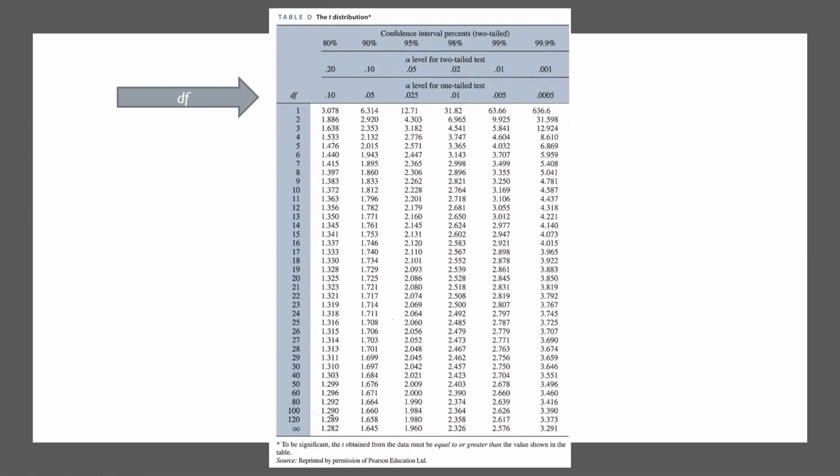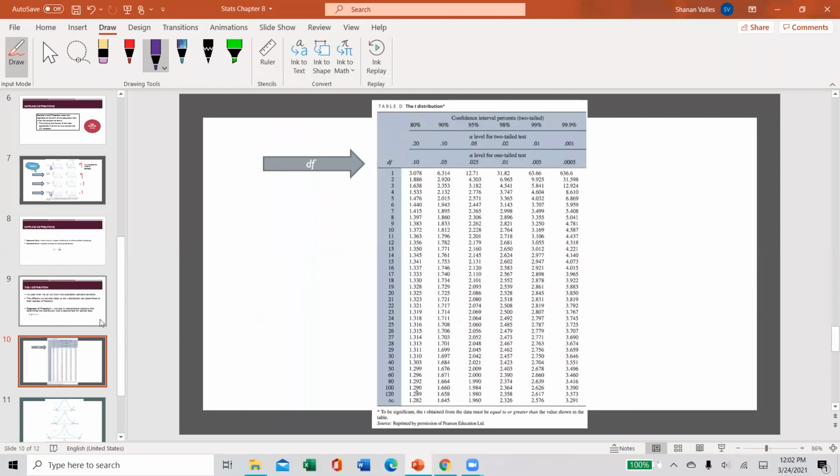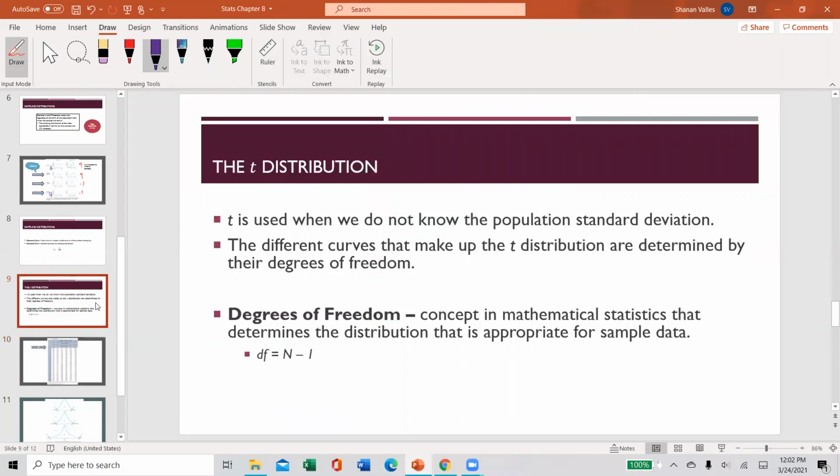Now let me back out of this and go back to degrees of freedom, because that's this number right here that we're going to use. So degrees of freedom is a mathematical statistic that determines which distribution is appropriate for sample data.